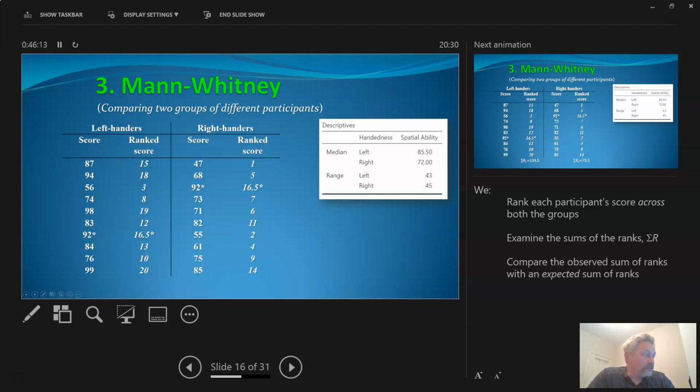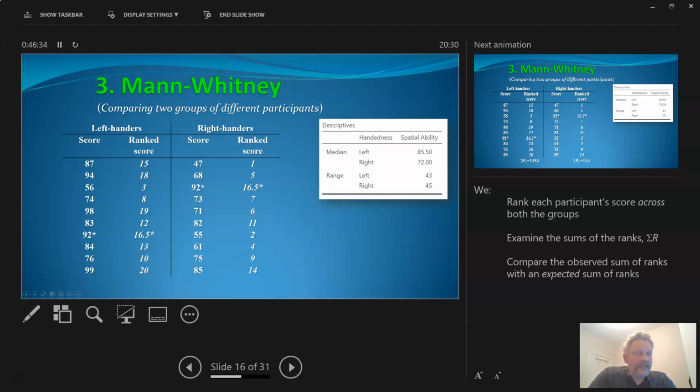In this case it's 47, and we give that person a score of 1. We then find the next lowest score, which is 55, and that person gets a 2. We then find the next lowest score, which is this person with 56, and they get a 3, and so on and so on and so on.